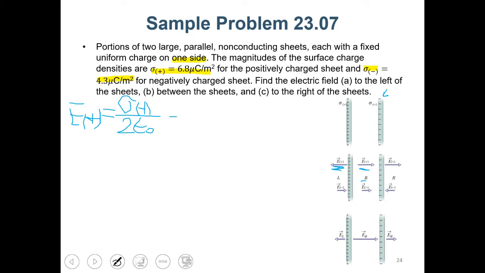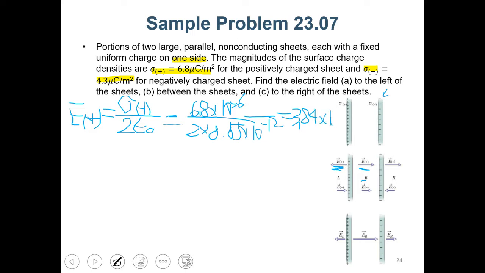So the magnitude will be 6.8 times 10 to the minus 6 over 2 times 8.85 times 10 to the minus 12. So it will be 3.84 times 10 to the 5 Newton per Coulomb.